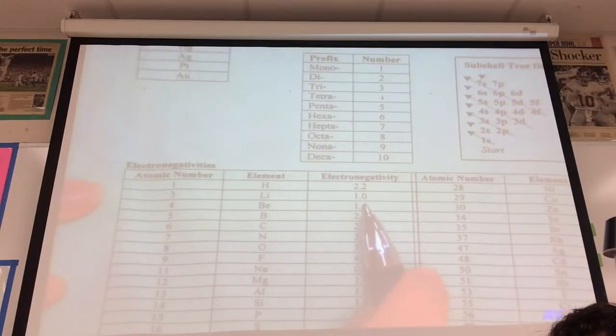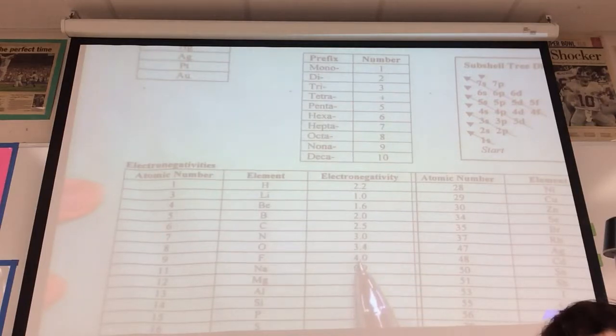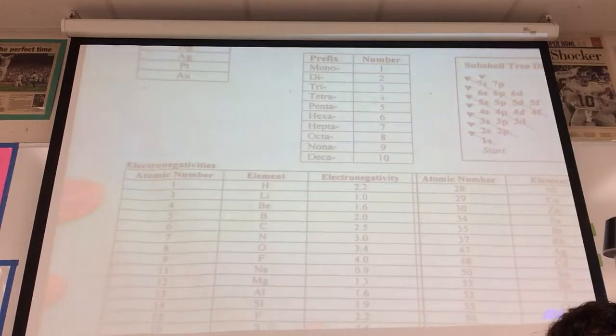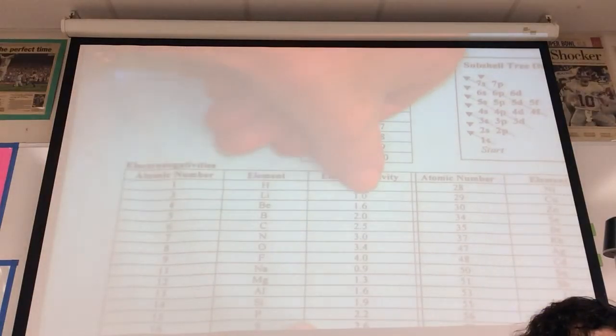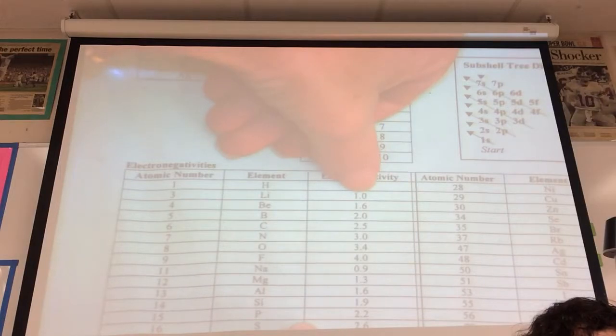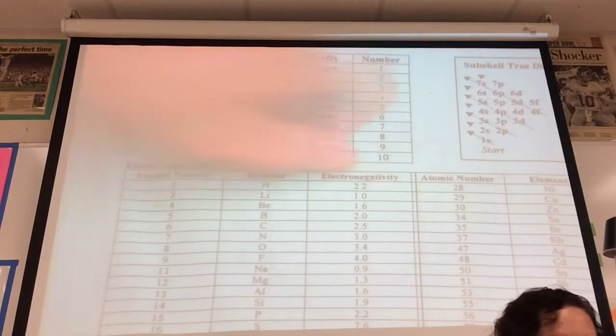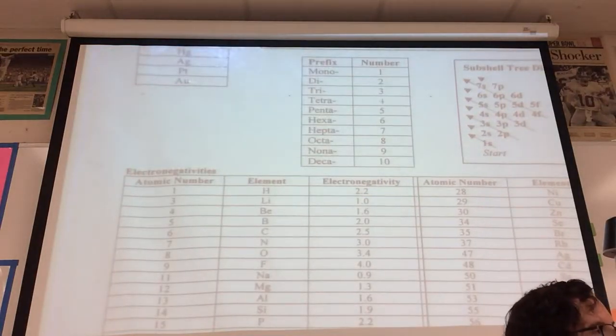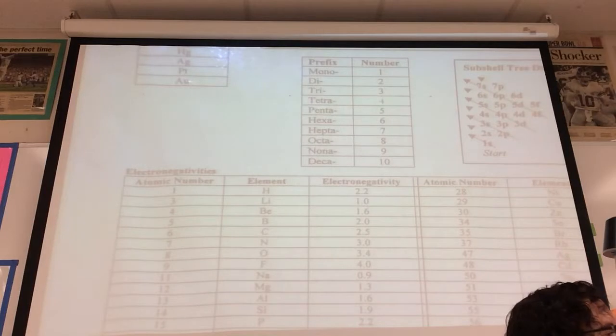As you go across the period, the electronegativities are increasing. If you compare group 1 elements such as lithium, sodium, potassium, you can see the decrease in electronegativity. So those are provided to you.